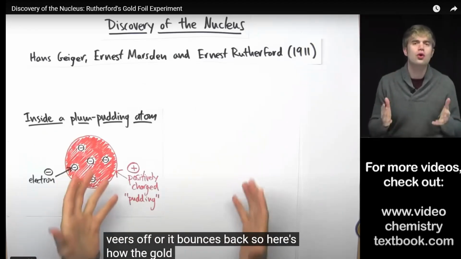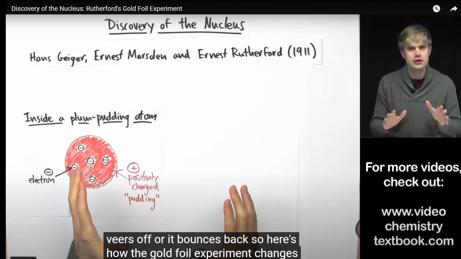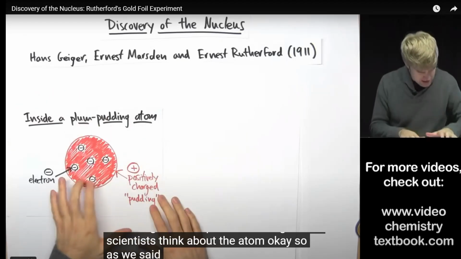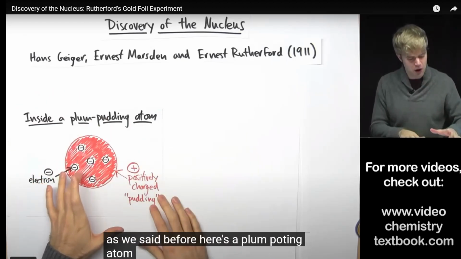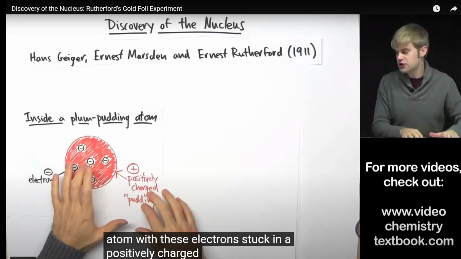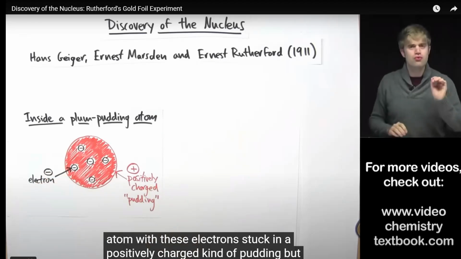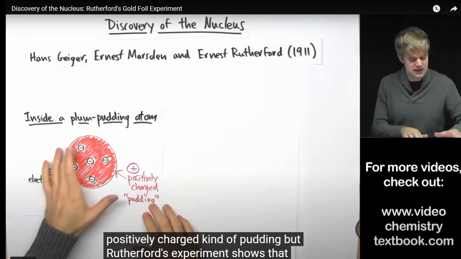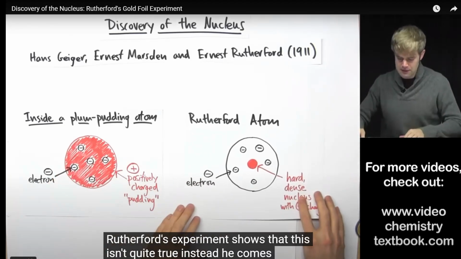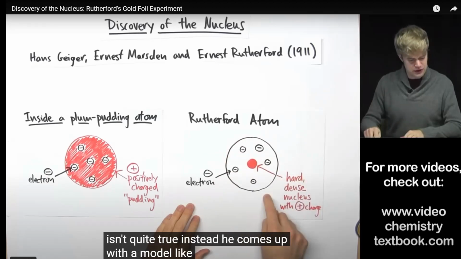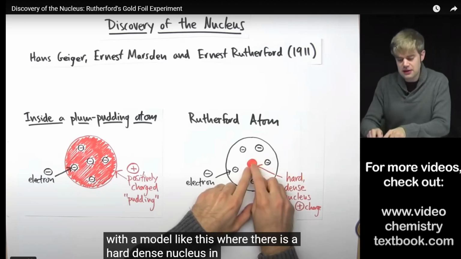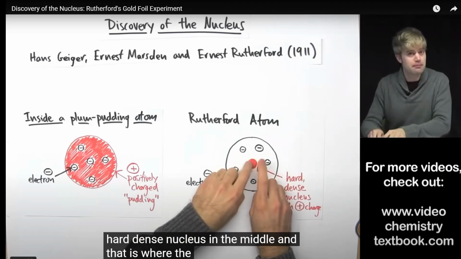So here's how the gold foil experiment changes how scientists think about the atom. Okay, so as we said before, here's a plum pudding atom with these electrons stuck in a positively charged kind of pudding. But Rutherford's experiment shows that this isn't quite true. Instead, he comes up with a model like this, where there is a hard, dense nucleus in the middle, and that is where the positive charge is.